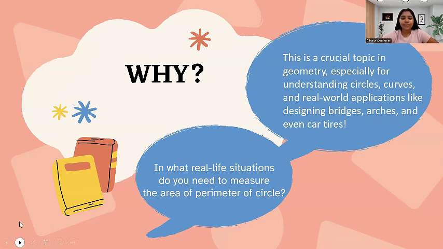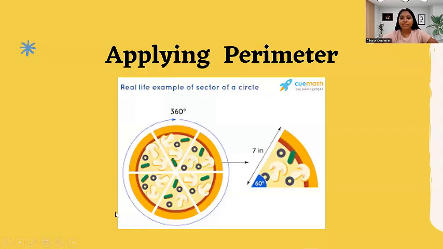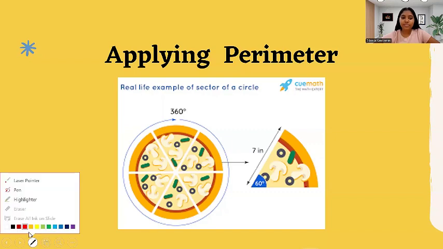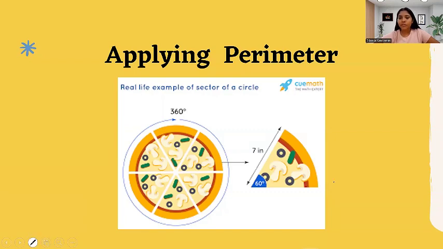So as you can see here in this figure, this sector is a sector of this entire circle. When we are learning these sectors of circles and the perimeter of it, it is really important to consider these things. First thing is the arc length.